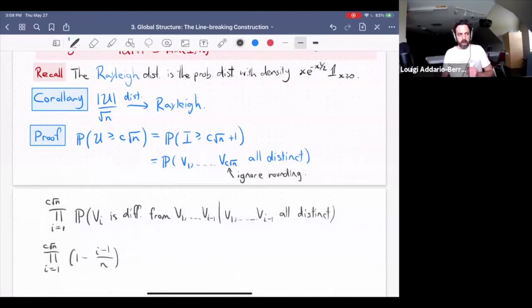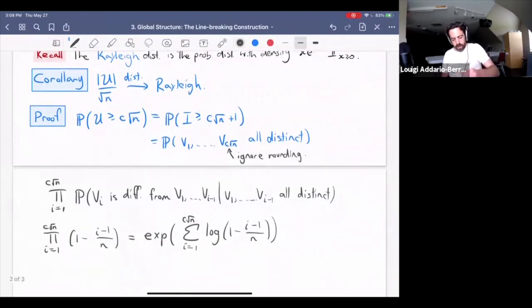Now if I simply write this product as e to the sum of logs, then here I have log of 1 minus (i minus 1) over n.